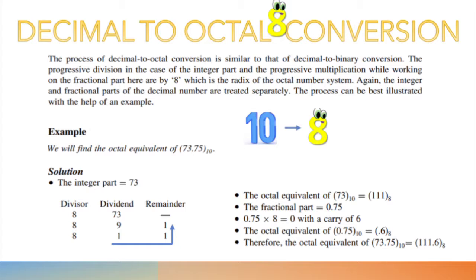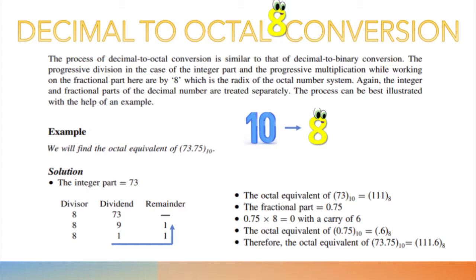So first of all, taking the integer part 73 and dividing by the base number, that is 8 here, and by following the same rules, we find the answer 111 as the octal equivalent of the decimal number 73. Now we have to convert the fractional part into the corresponding octal number. So here the fractional part is 0.75.